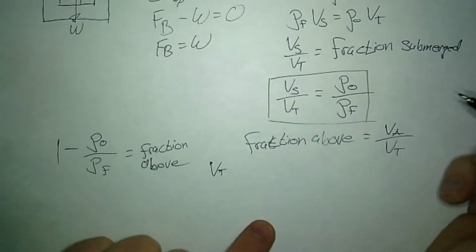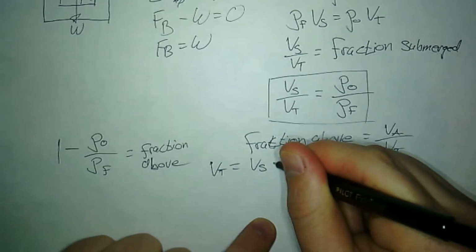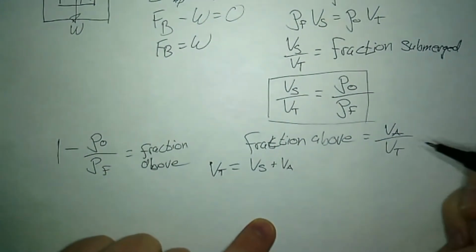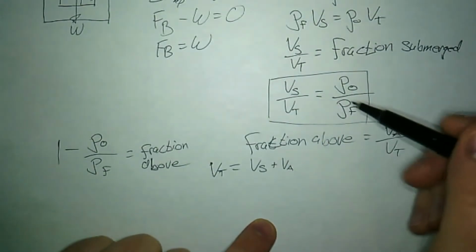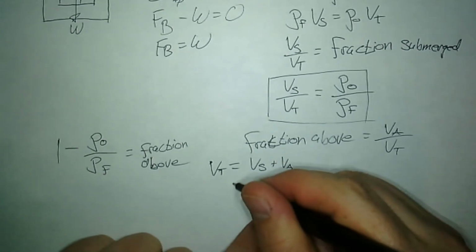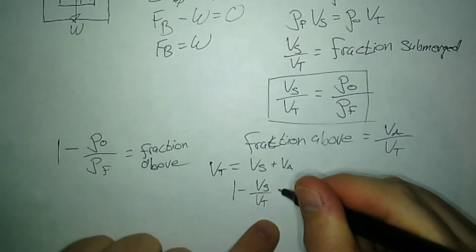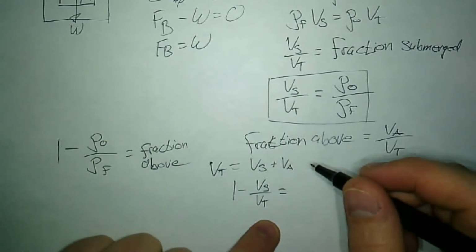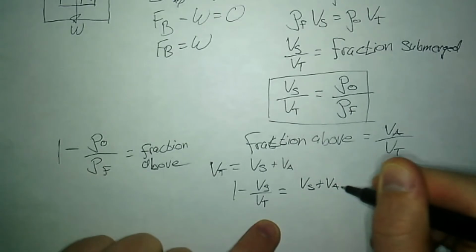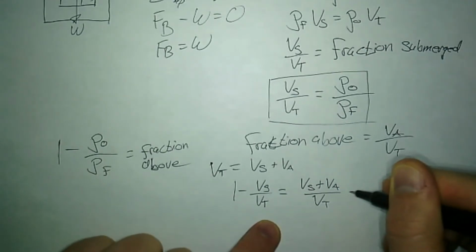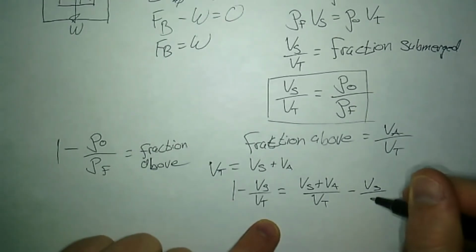Okay, so proving this. So I know that Vt is equal to V submerged plus V above, right? So then if I take 1 minus this guy, I do 1 minus Vs over Vt, I know I can rewrite that as Vs plus Va over Vt minus Vs over Vt.